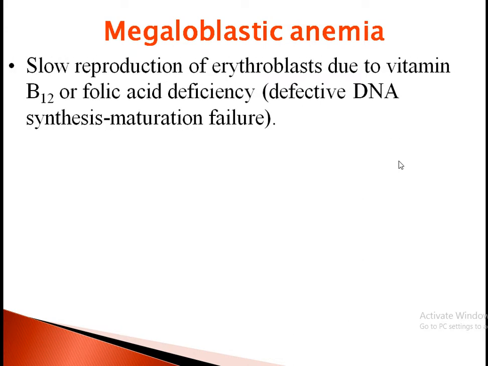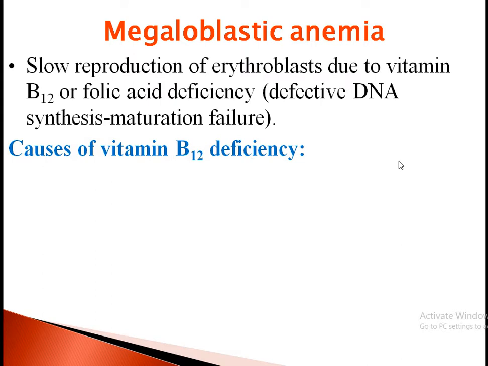Slow reproduction of erythroblasts due to the vitamin B12 or folic acid deficiency leads to the larger size of the RBC. In these RBC, defective DNA synthesis and maturation failure occur because of the deficiency of vitamin B12 or the folic acid.